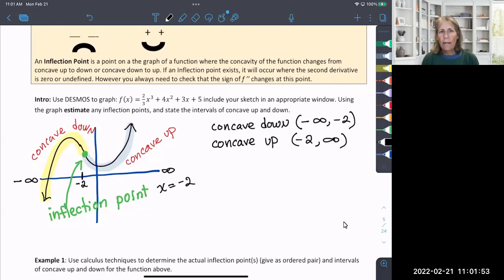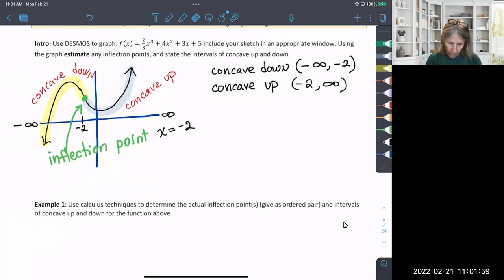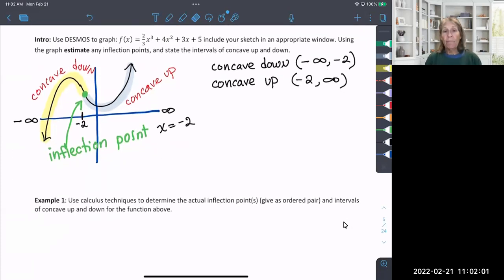Okay, so now you kind of have the idea of what the curvature down and the curvature up is. Okay, so now what we're going to do in example 2 is actually find this point exactly, see if our guess is right, I don't know, and then verify kind of what we're seeing in the graph above. Okay, so here's how calculus would look for this.